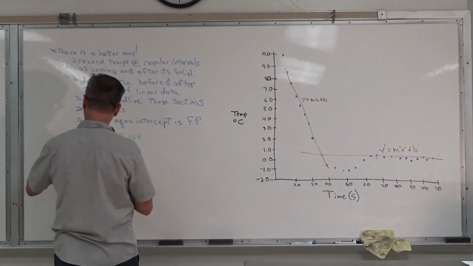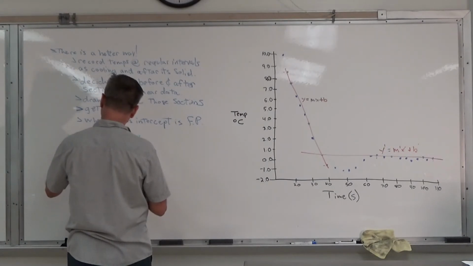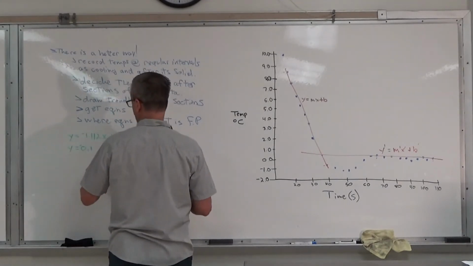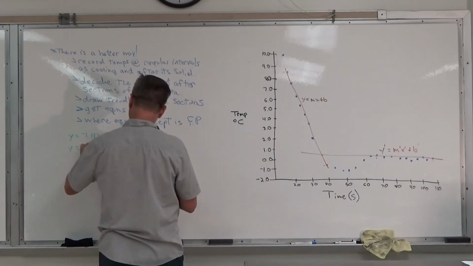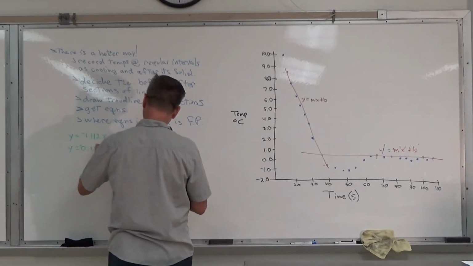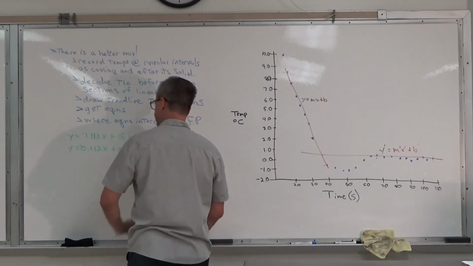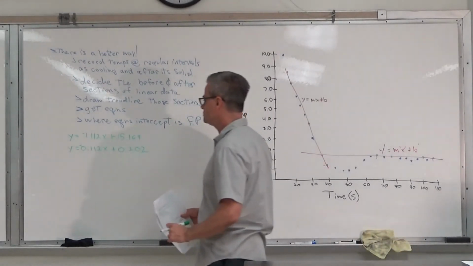And then say the second one was y equals 0.112x plus 0.202. I generated these, so they're a little too similar for my liking.